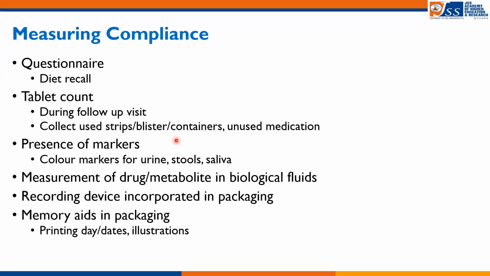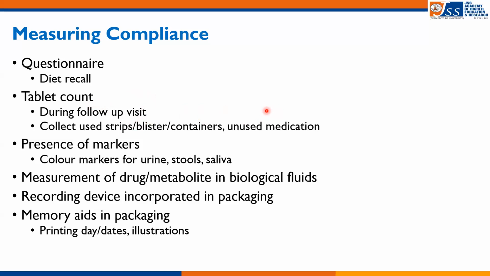If the person is able to define them, that means the person has taken that. Similarly, for the tablet count, example, the number of tablets given to the patient, how many strips or blisters or containers they have used. If they have unused, they'll tell, so these many tablets are not taken. That is how you can measure.